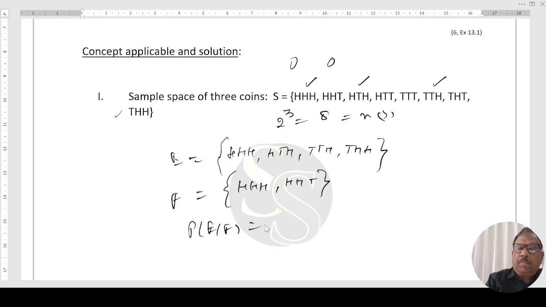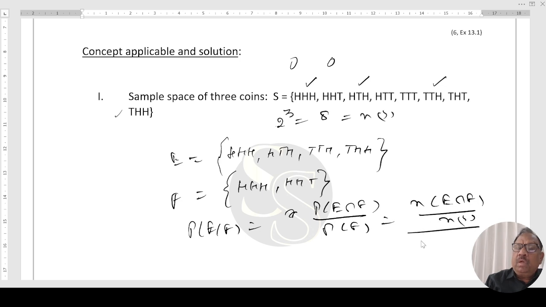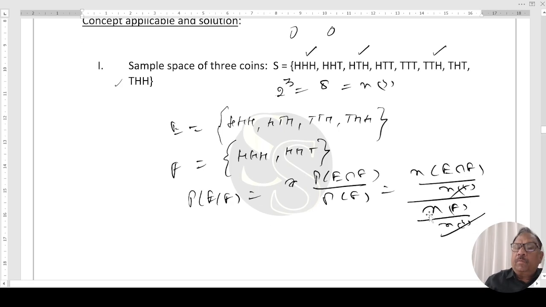तो P(E/F) चाहिए हमें. P(E/F) means P(E ∩ F) over P(F), that is N(E ∩ F) over N(S) divided by N(F) over N(S). सारा कंप्लीट डिटेल में बता दिया मैंने आपको. तो N(E ∩ F) और N(F).